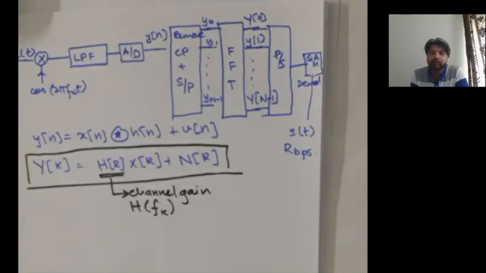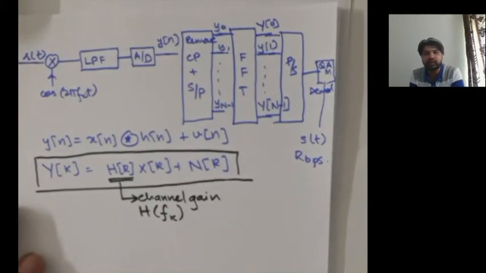Remember, in the analysis of this OFDM transmission, we took the channel to have mu samples. So a channel with mu samples is an ISI channel, because it has intersymbol interference.